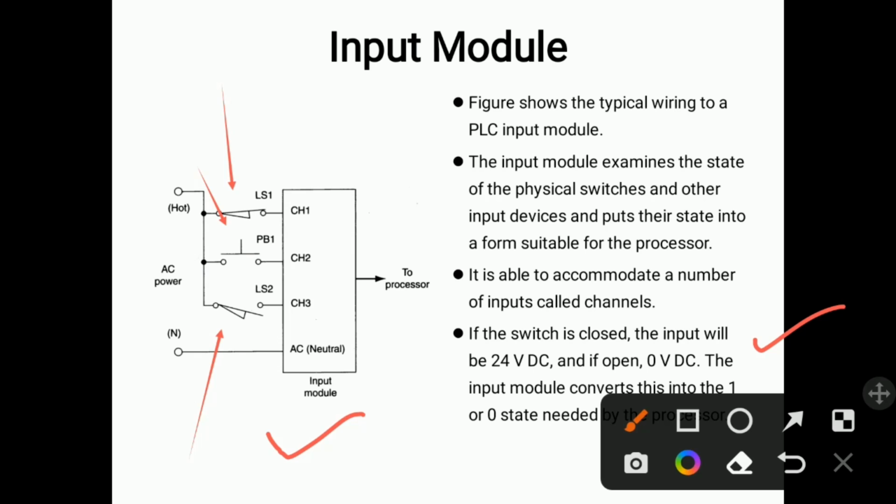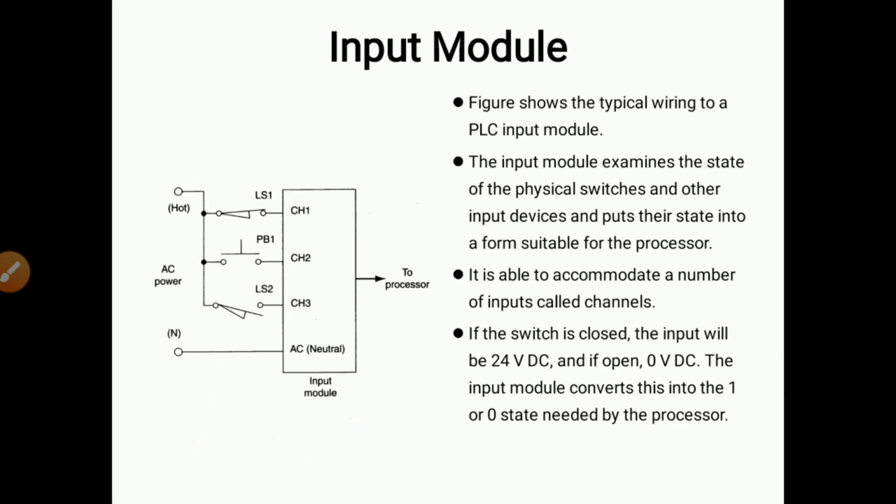Okay, the input module converts this into the 1 or 0 state needed by the processor. Okay, so like this, if switch is closed there will be 1 position, and if switch is open there will be 0 position that is needed by the processor.